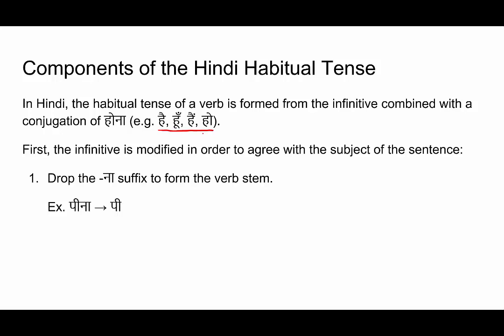The first step of this modification is to remove the na suffix from the infinitive to form what's called a verb stem. So let's look at the infinitive pina. Recall that pina means to drink. If we remove na, we get the verb stem pi.